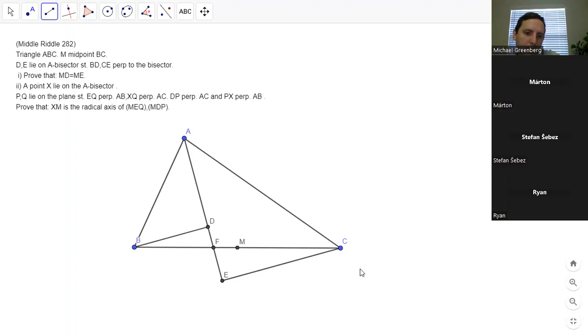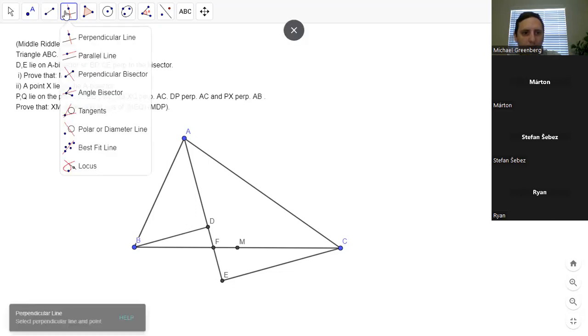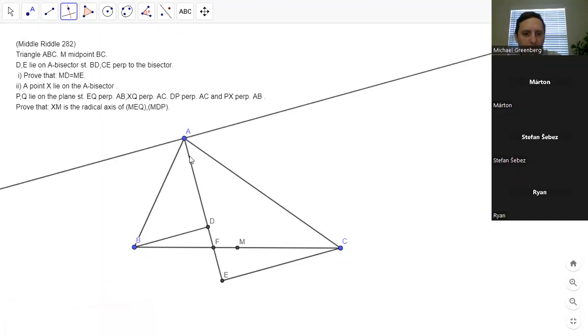You'll get B, C, and F and the intersection of BC and the external angle bisector of ABC. And that's harmonic.